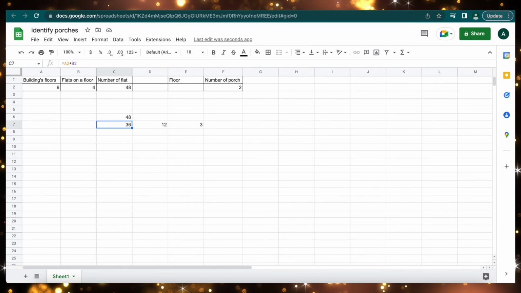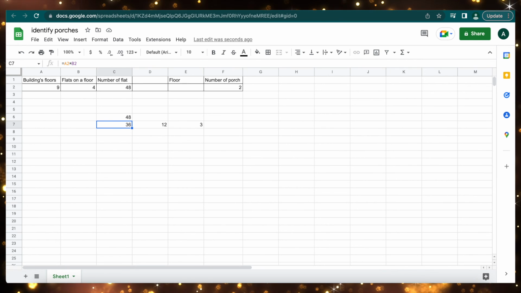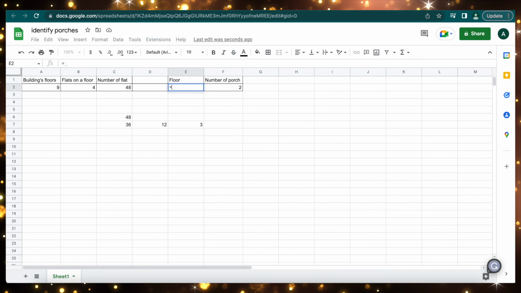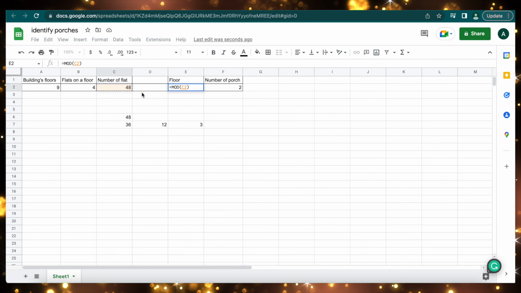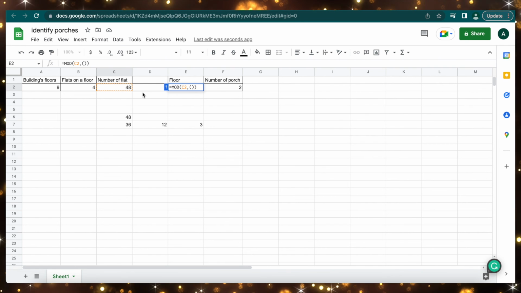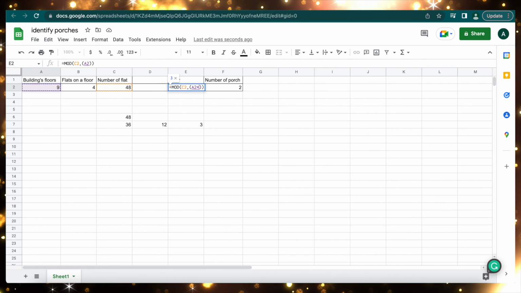So let's try to shift all these calculations into one cell. First of all, we have to get the number of our flat, comma, multiply these numbers.